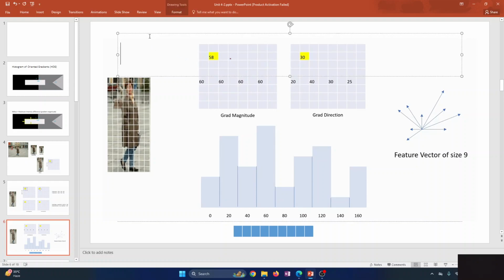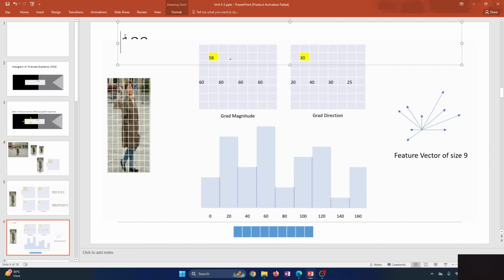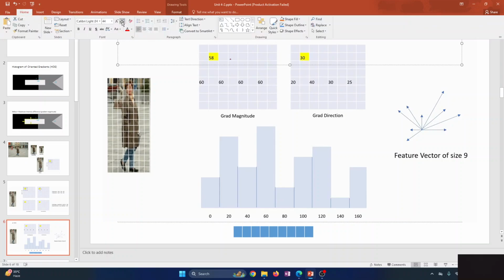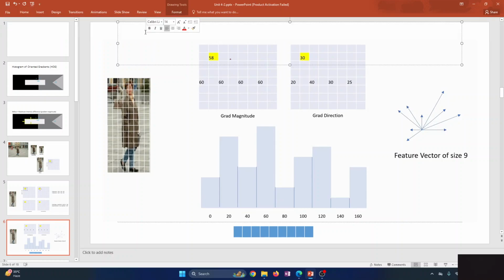So what we are doing is we are dividing 180 in the range of 20, so it will give you 9. Or we are dividing into 9 bins. So on an average the range should be 20. Okay, so we are dividing 180 in 9 parts.